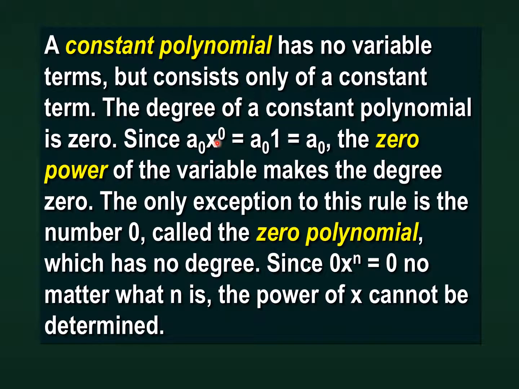So the 0 power of the variable makes the degree 0, and it makes it just that constant number. There's only one exception to that rule, and it's the 0 polynomial, y equals 0, right? Since 0 times x to the n is equal to 0, no matter what n is, we can't really see what power n could have been.